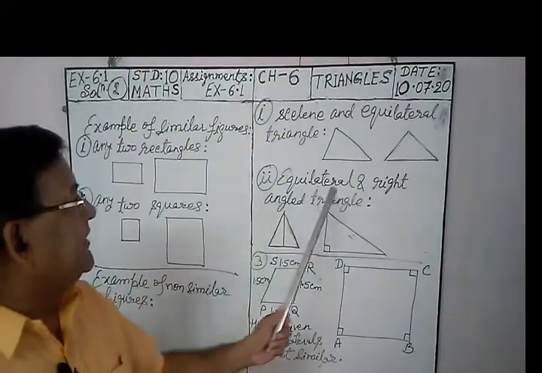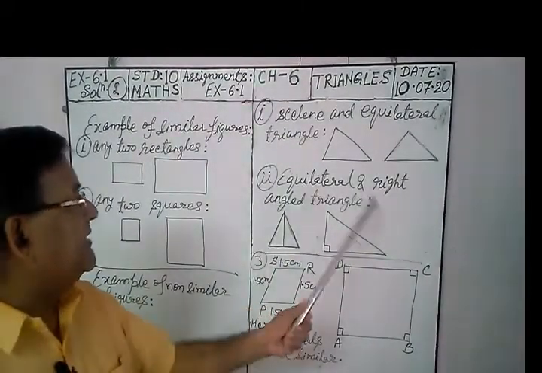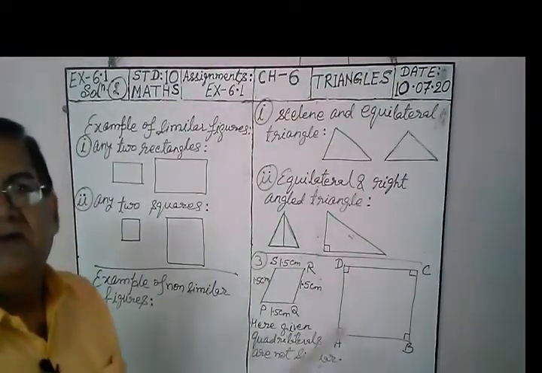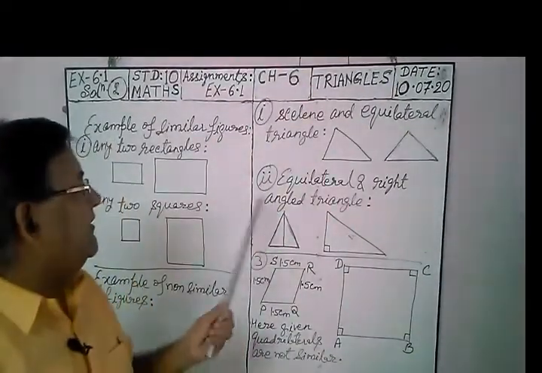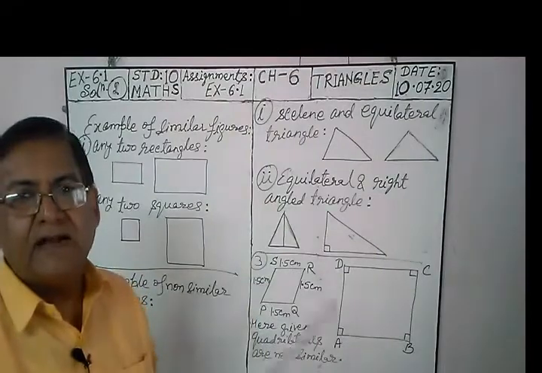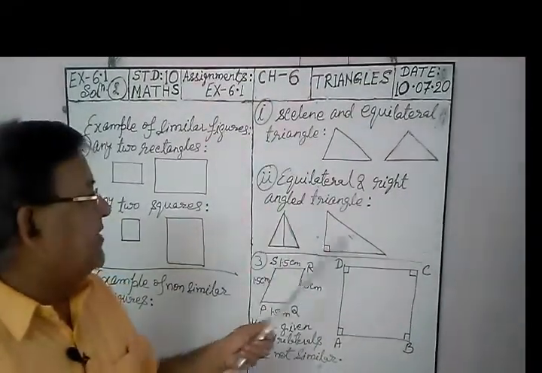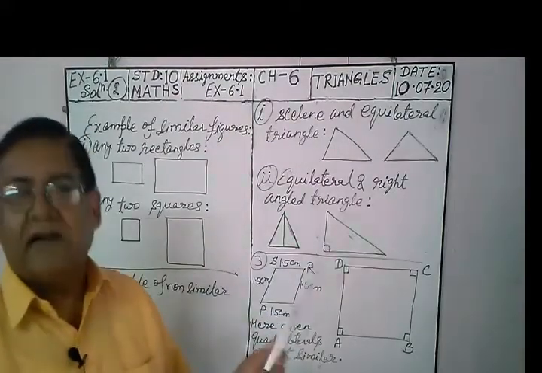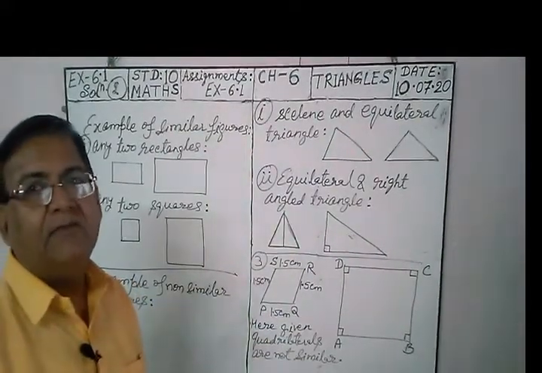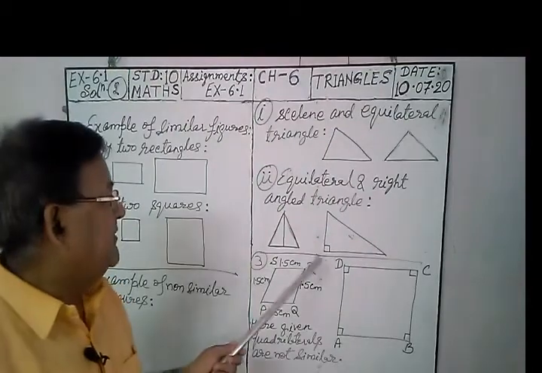Coming to the second example, an equilateral and a right angle triangle. In the equilateral triangle, all the sides are equal and all the angles are equal. But in the right angle triangle, it is not like that because one angle is compulsorily 90 degrees.